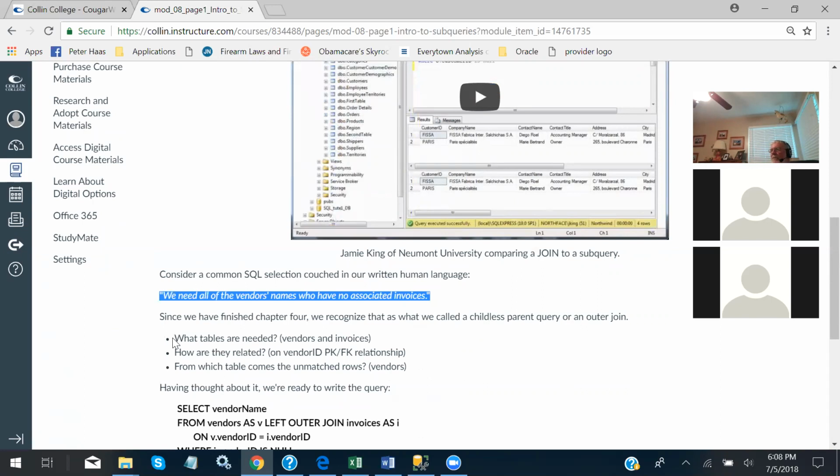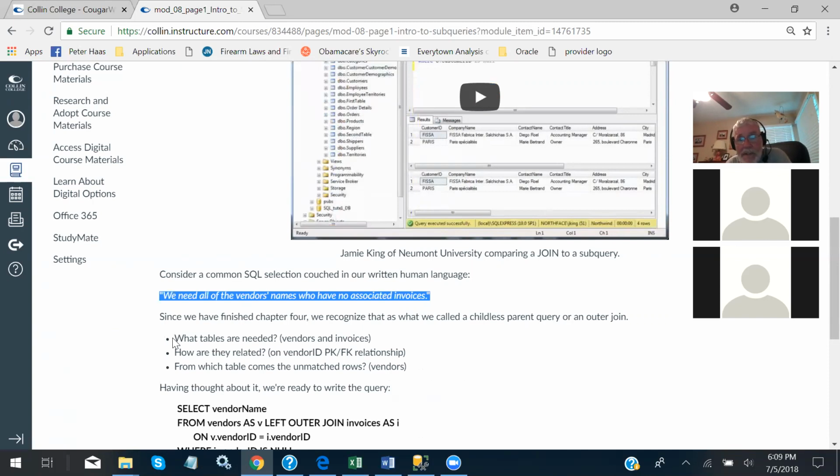I'm asking about two tables. So in this query I'm going to have the vendors, obviously, because I'm asking for the vendor's name, and I'm going to have the invoices. And the question is, are they directly related? And the answer is yes, they are. So I only need two tables in this query.